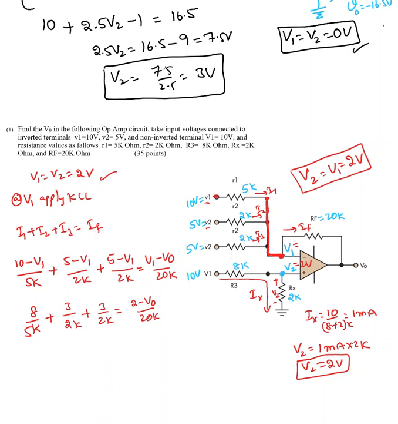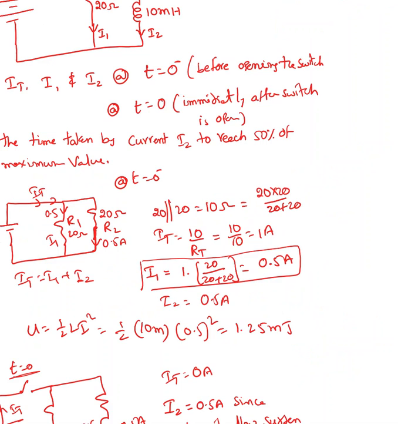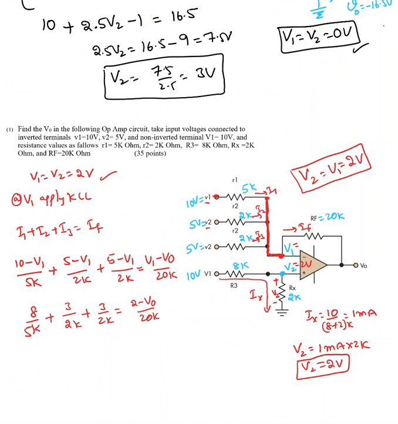So to eliminate the denominator, I'm going to multiply with 20k on both sides. So it's going to be 4 times 8, 32 plus 30 plus 30 equal to 2 minus V0. Okay, so V0 equal to minus 90 volt.